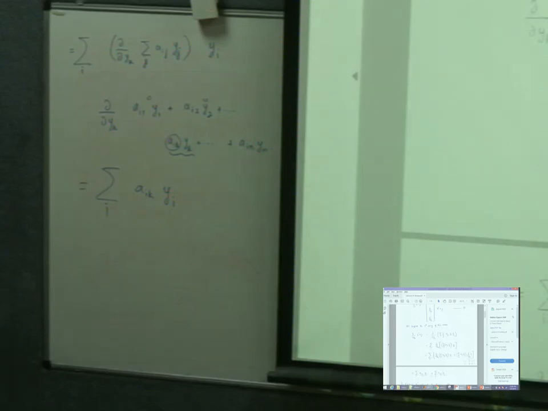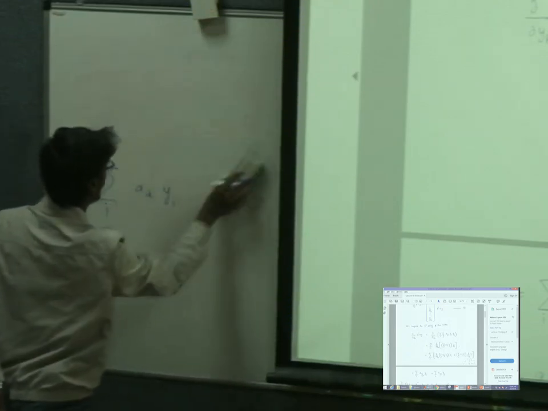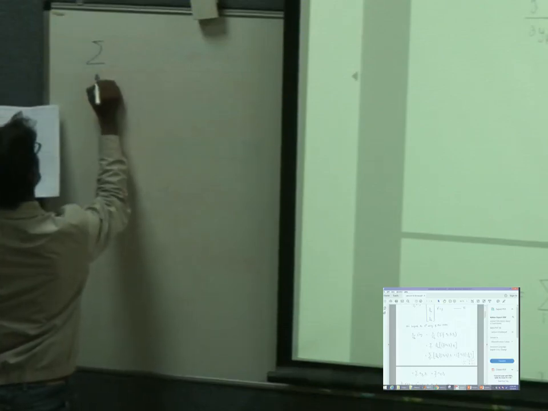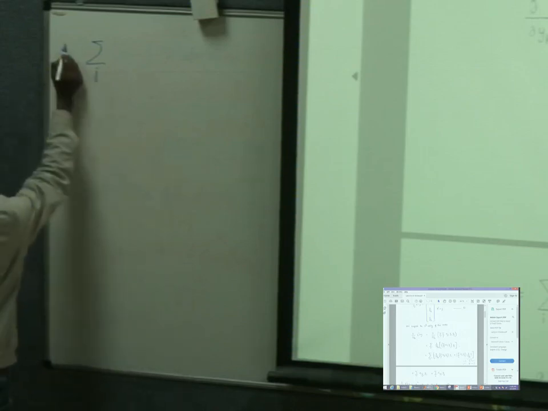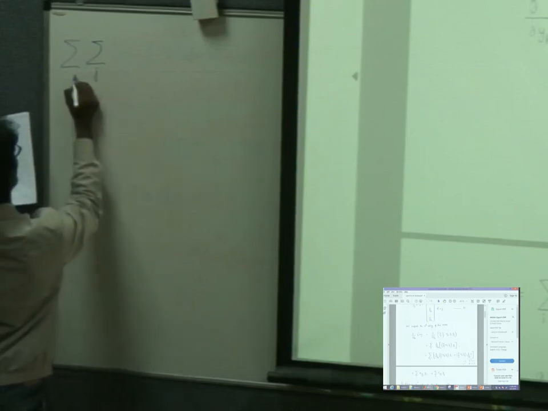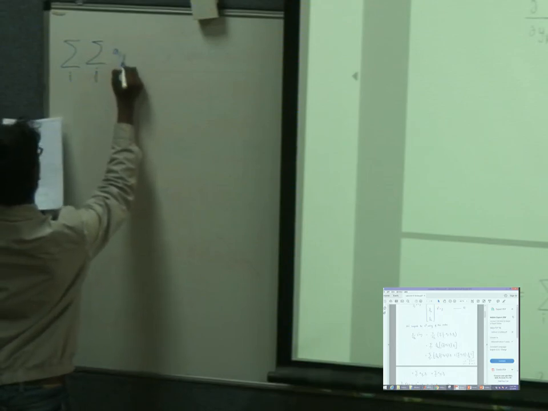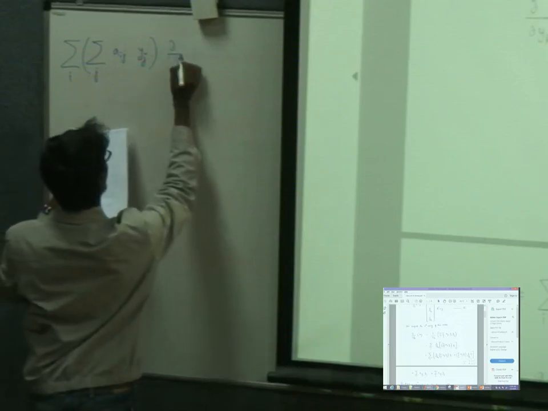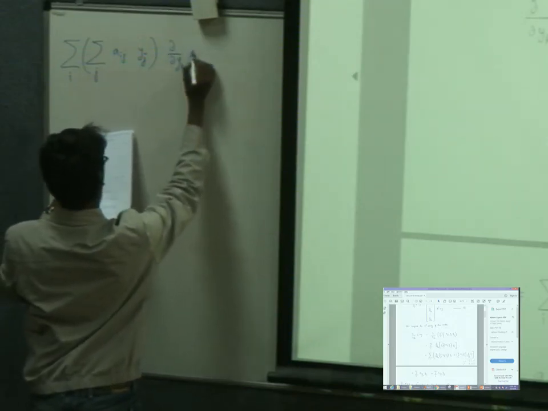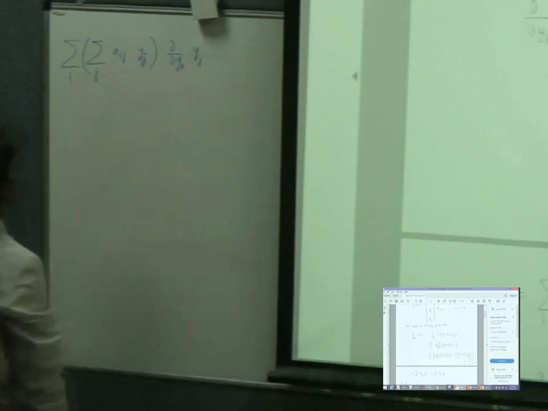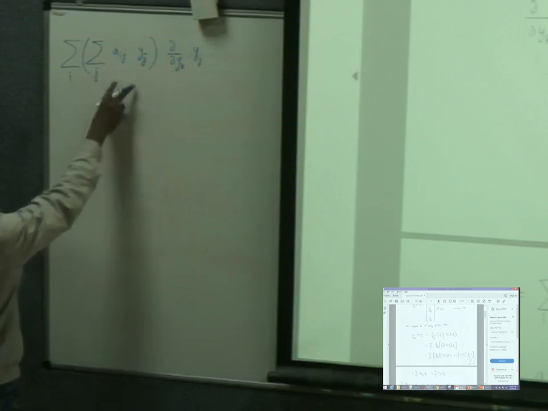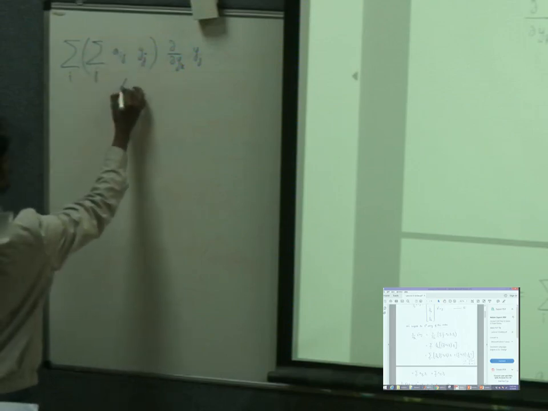Now let's look at the second term. There is an outer summation as well: sum over i of a_ij y_j multiplied by ∂y_j/∂y_k. Let's consider a_ij y_j as a constant, because the derivative part doesn't have i, and call it alpha_i.